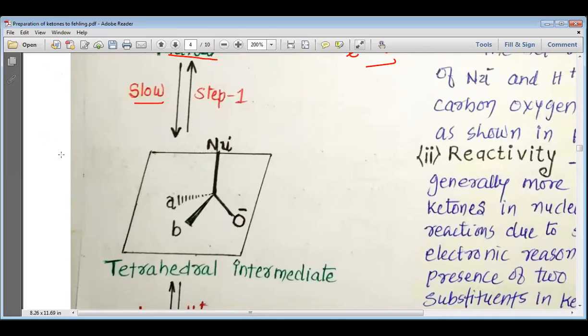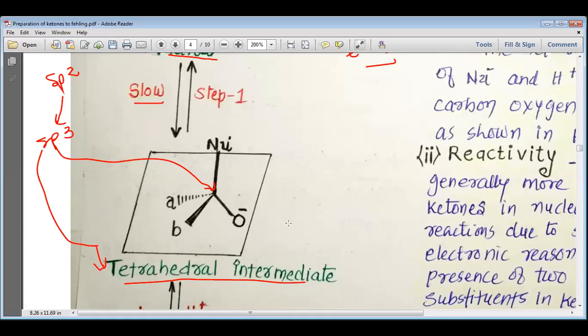So the hybridization of this carbon, which was sp2 initially, simply turns into sp3. As the hybridization changes to sp3, the shape of the compound turns out to be tetrahedral, which is an intermediate that we got, because there is still a negative charge on oxygen. This way, a tetrahedral shape is generated.